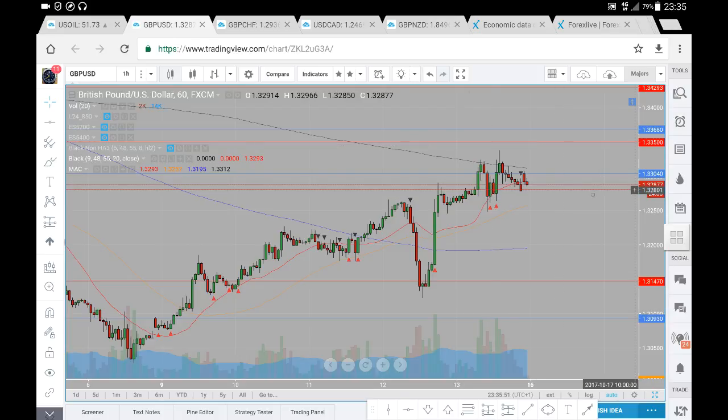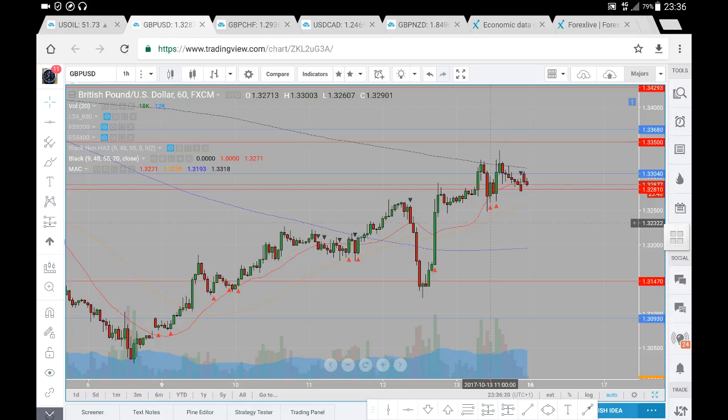Now, we are currently in an area where we have had resistance and support in the past, 132.81. We do have this higher time frame moving average here in black above it, so prices are going into a bit of a squeeze at the moment.